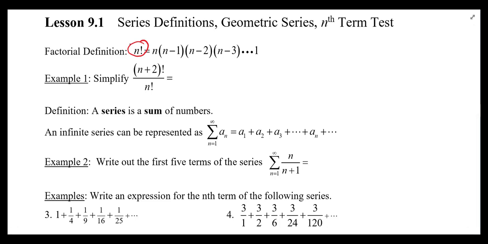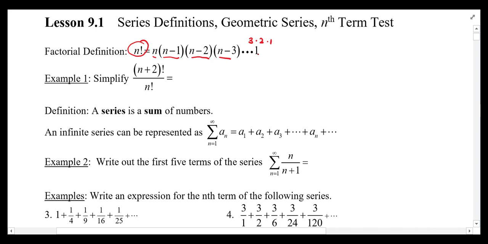Really, you're just taking that number n and multiplying it by every number before it until the number is 3, 2, 1 at the end. Remember, n has to be a whole number for this to work. So we have n times the number before it, n minus 1, then n minus 2, n minus 3, and once again, do all this until 3 times 2 times 1, so you always end up with 1.